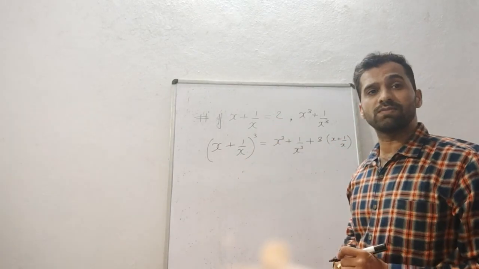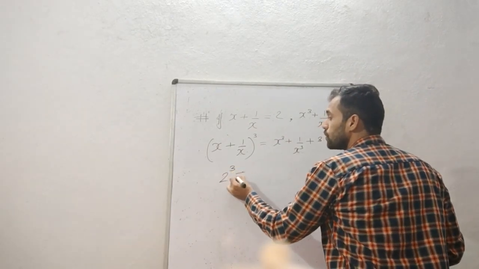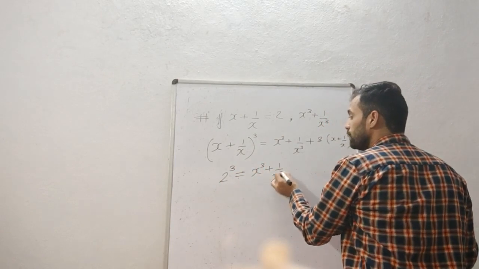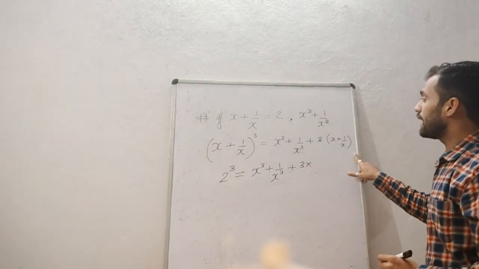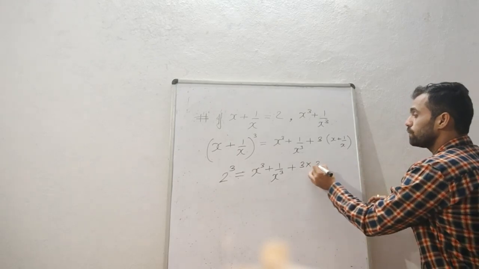The value of x plus 1 by x is 2, so we will substitute 2 cube here. x cube will be as it is, 1 by x cube will be as it is, 3 as it is. Now the value of x plus 1 by x is 2, so we will put 2 here.